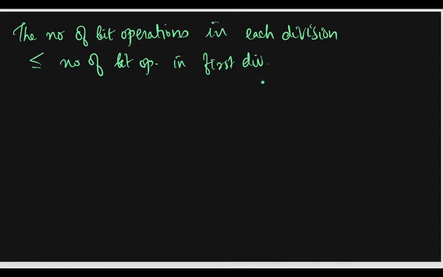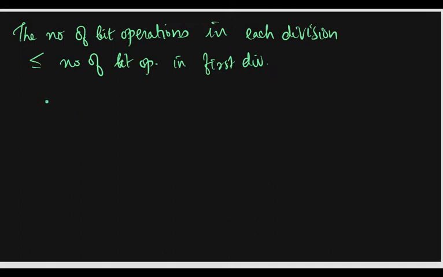That is because we are dividing n by b in the first division, whereas in the second division we will be dividing the quotient in the first division by b. So the numbers involved will be smaller in the second division when compared to the first division. So the number of bit operations in each division will be less than or equal to the number of bit operations in the first division.